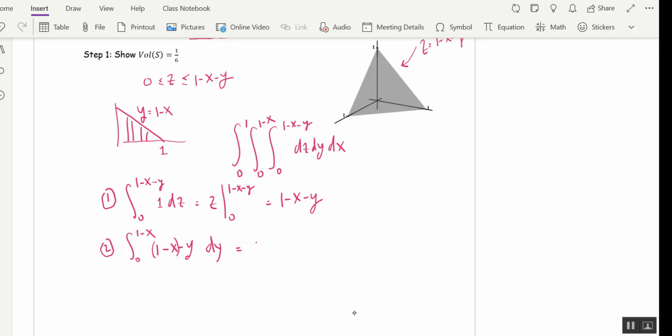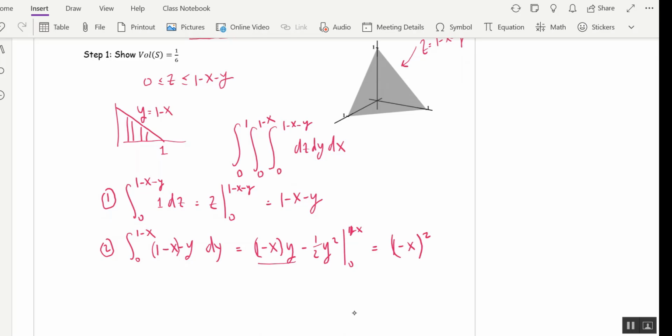So this is simply 1 minus x, that constant, times y, minus 1/2 y squared between 0 and 1 minus x. I'm trying to work smart, not hard. I'm seeing a 1 minus x in a bunch of places. I want to keep it together. So if I replace y with 1 minus x in this term, I get (1 minus x) squared.